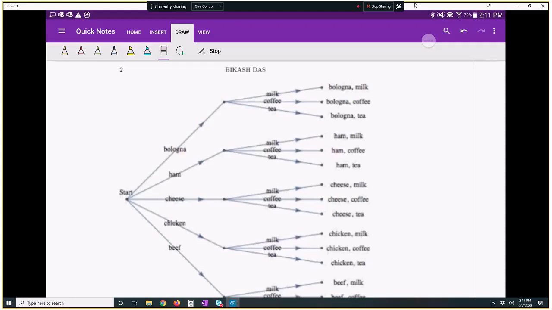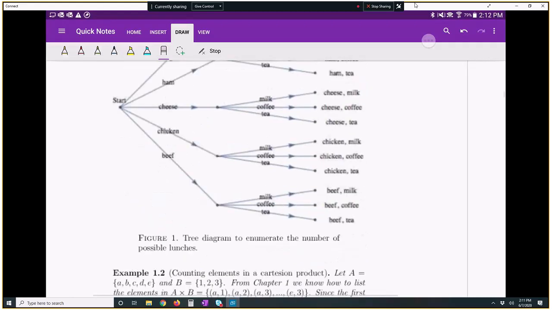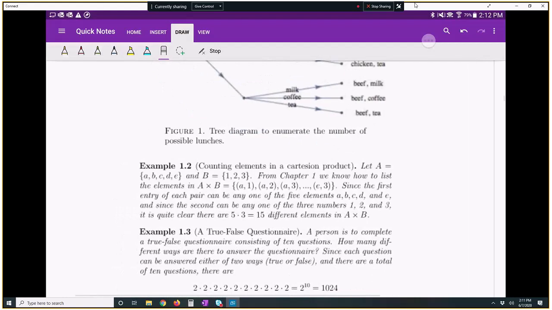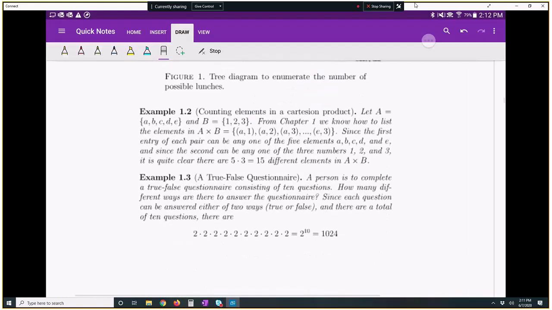So 3 times 5 gives us the total list of 15. We already know how to find the Cartesian product of 2 finite sets. And so we also discussed how there would be the cardinality of A times the cardinality of B many elements in the Cartesian product.